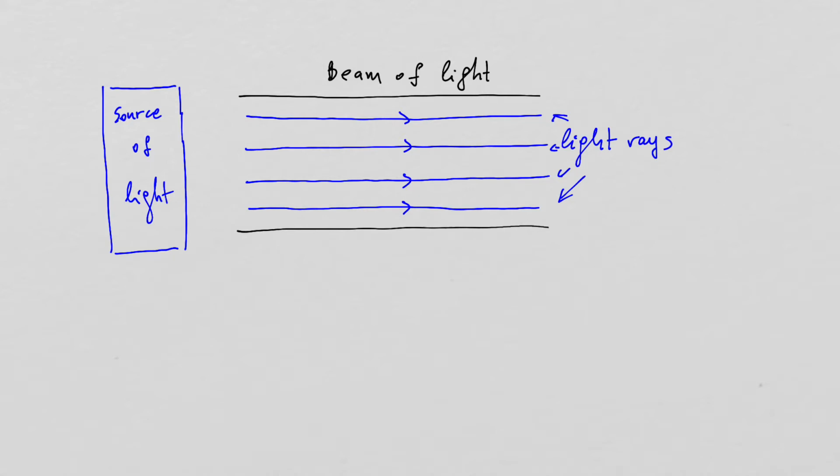So in future discussions about the properties of light, we're going to talk about light rays and sketch individual light rays instead of entire light beams. But we will understand that those conclusions that we will reach apply for light beams in general.